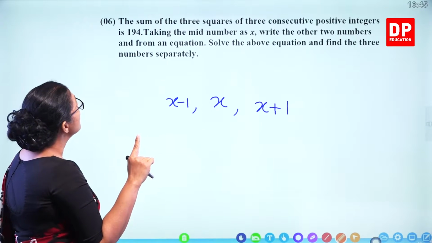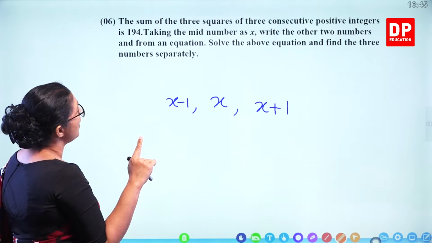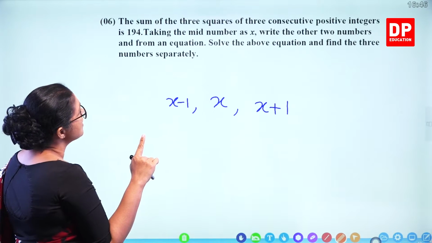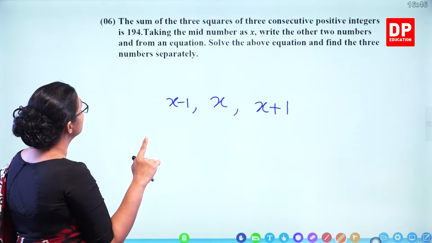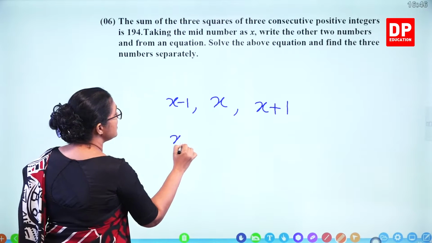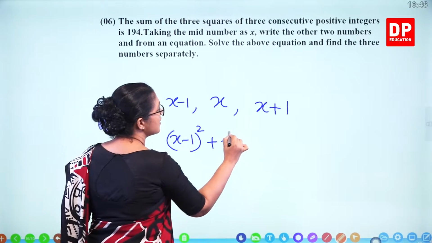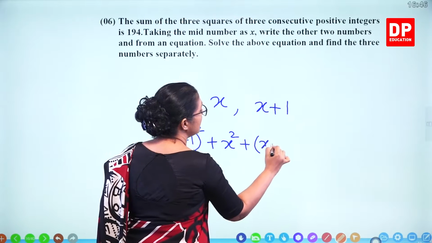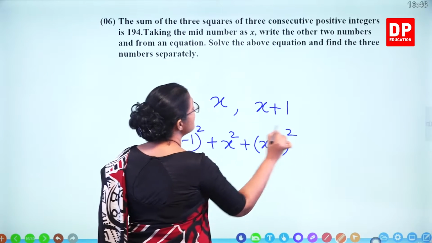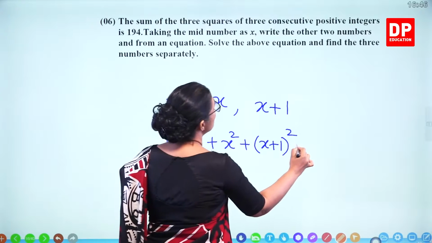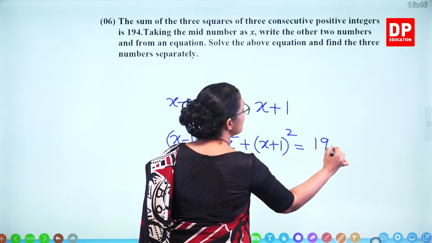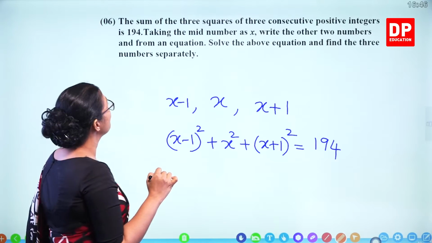So sum of the squares of 3 consecutive positive integers. So that means when you square it and add it, sum of the 3 square terms is equal to 194. This is the equation.